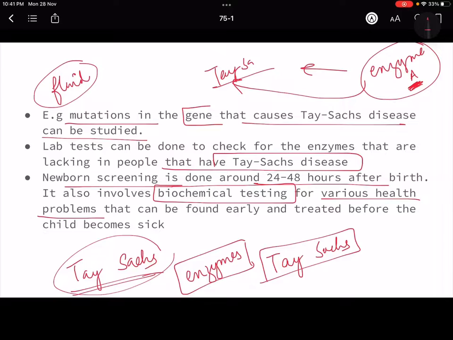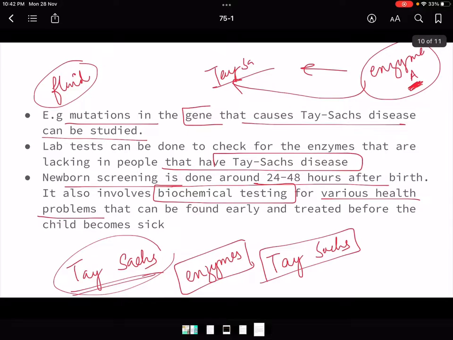And it can be treated as well, because there are many ways that you can artificially provide those particular enzymes, right? So this way you can protect against or cure many diseases. This is one of the ways, and one of the studies in the genetic methods.